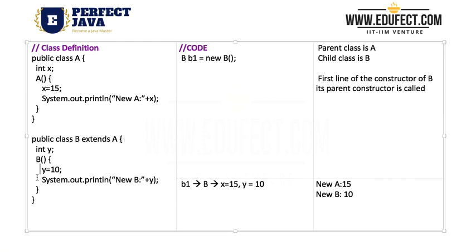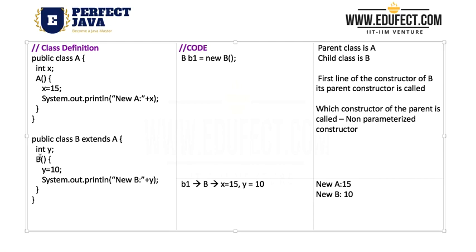And which constructor gets called? The non-parameterized constructor. So the constructor with 0 parameters is the constructor that is called.